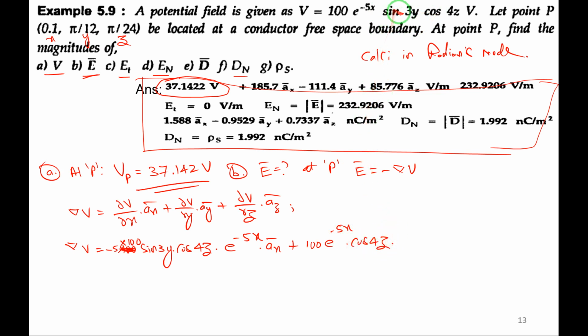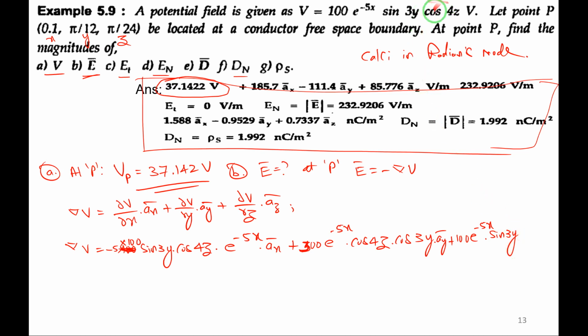Differentiate with respect to y: sine 3y gives cos 3y, and this 3 will come, so 3 into 100 is 300, into ay. Then the last term, with respect to z. This entire thing is constant, so plus 100 e to the power of minus 5x into sine 3y.